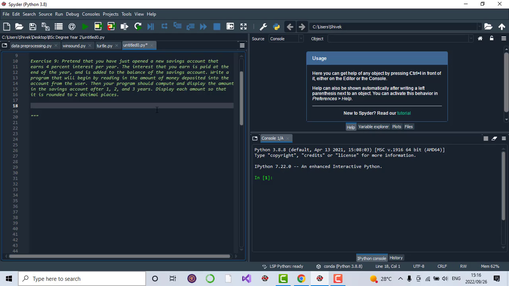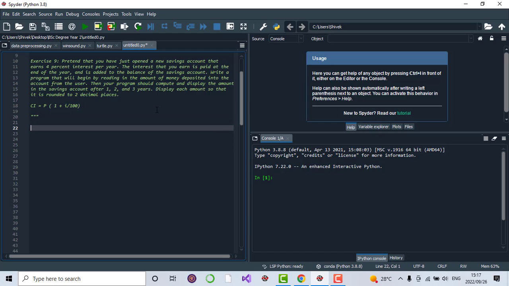There are several variations, and the particular one that we are looking at is P. We'll call this compound interest equals P into 1 plus I over 100.